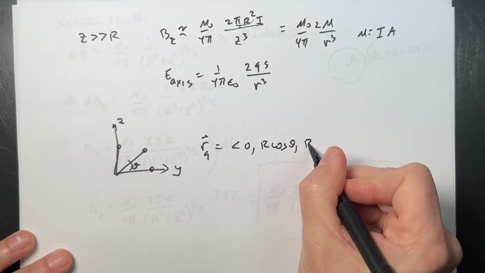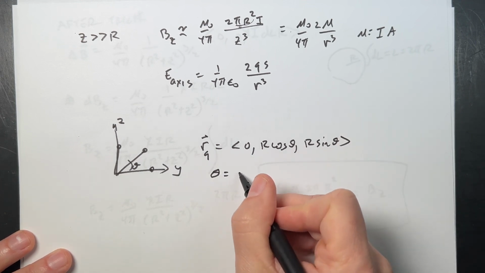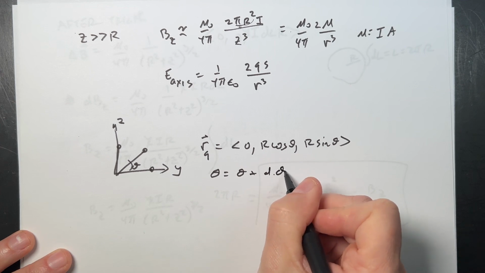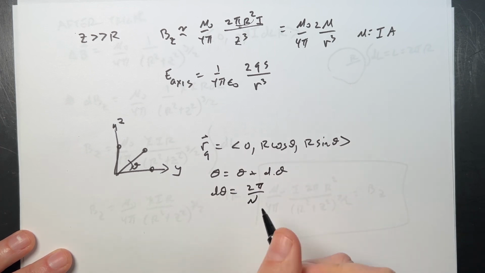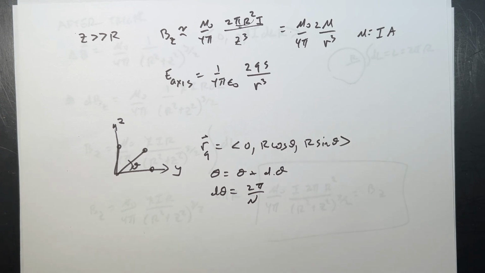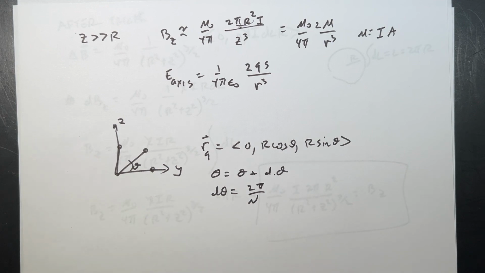The z component is going to be r sine theta. And then theta is just going to be theta plus d theta, where d theta is equal to 2 pi over n. So I can increase my value that way and move around the circle. Does that make sense? Oh, actually, my y component is going to be the sine, because this is going to be my z. So I'm going to switch those up.